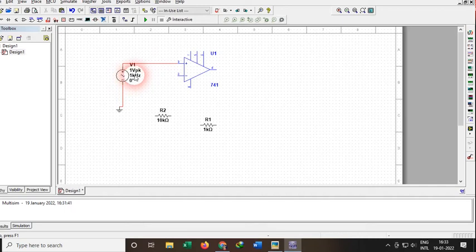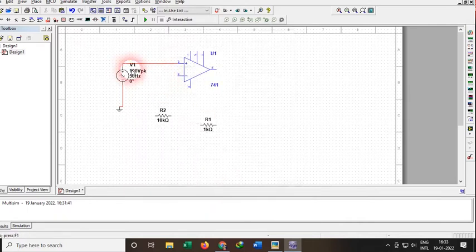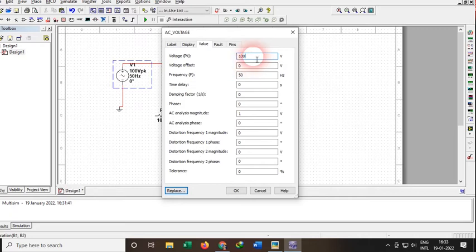And we will change the value of the input voltage. I will take around 100 millivolt peak to peak voltage, and I will take 50 hertz frequency. It should be 100 millivolt peak to peak.